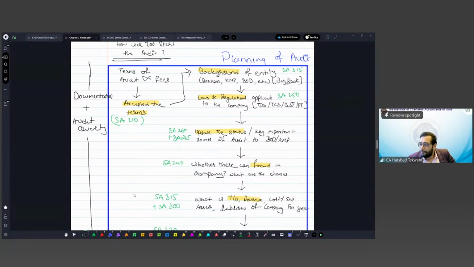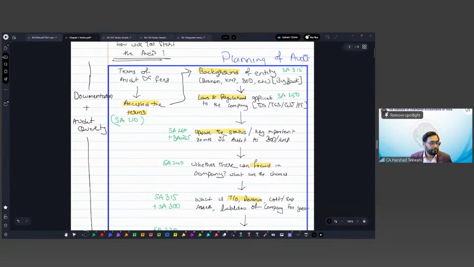Now we will start with the first responsibility that we want to take up, which is SA 240. That is, what to do when we are dealing with a fraud in a financial statement, how to tackle that particular area, how to understand and do things when we are talking about fraud with respect to a financial statement.